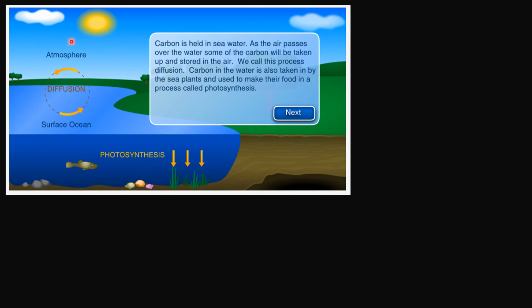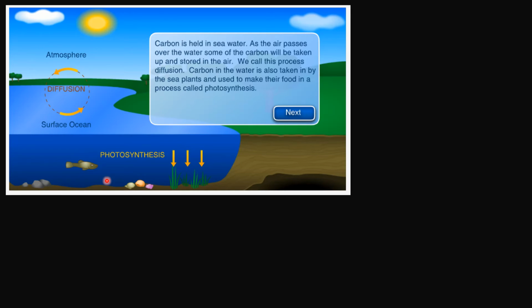Well, the air above it obviously has some carbon dioxide. The air around us has oxygen and nitrogen and carbon dioxide and different things. So some of that just becomes dissolved in the water. The water has all kinds of dissolved gases like oxygen. That's why a fish is able to live there, because there is oxygen down here. And carbon dioxide and whatever gases are in the air, there's some of that in the ocean.